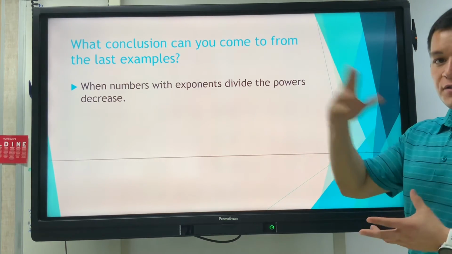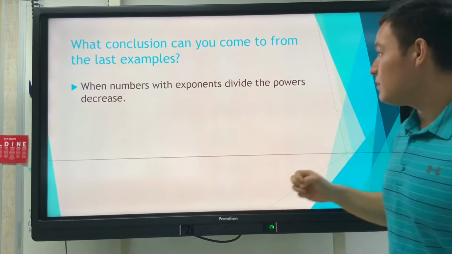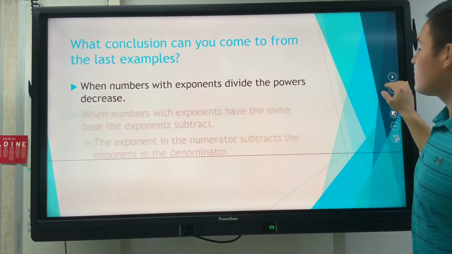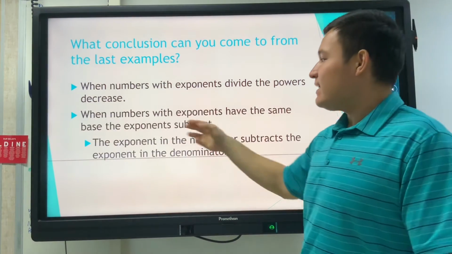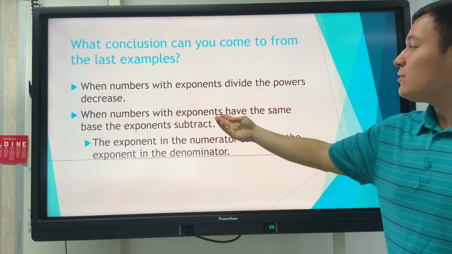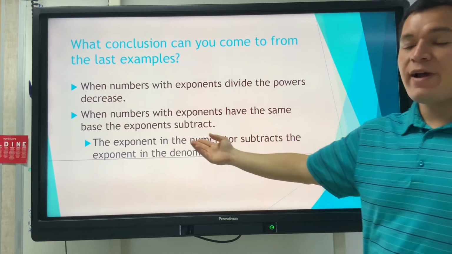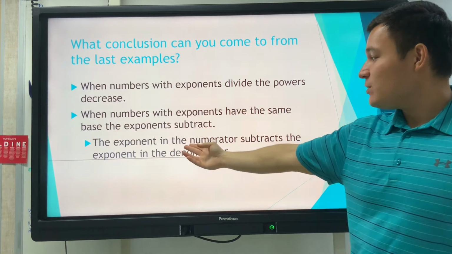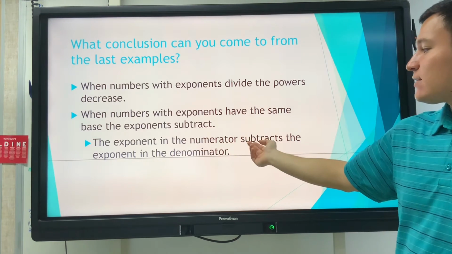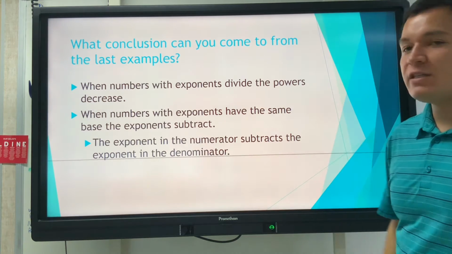Instead of getting larger, you're going to get smaller. The rule behind that is when numbers with exponents have the same base, the exponents are going to subtract. The exponent in the numerator subtracts the exponent in the denominator.